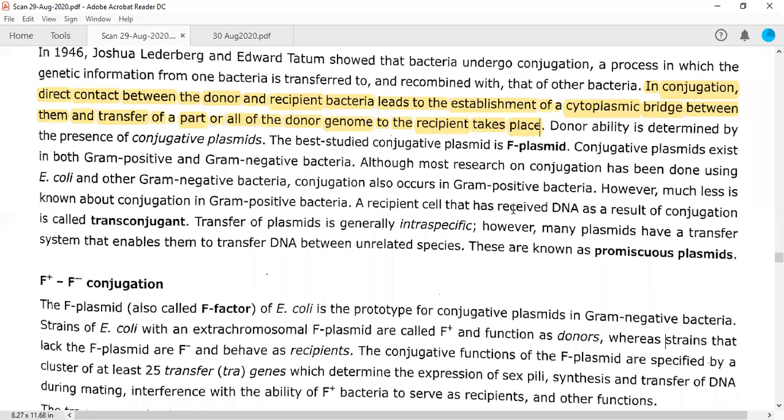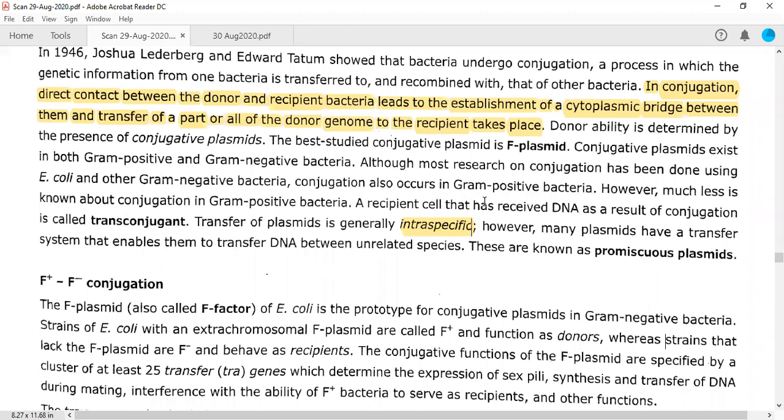A recipient cell that has received DNA as a result of conjugation is called a transconjugant, as I told you earlier. Now, the transfer of plasmid is intraspecific, intra meaning in the same species. However, many plasmids have a transfer system that enables them to transfer DNA between unrelated species also, but this is very rare. Mostly it is intraspecific.